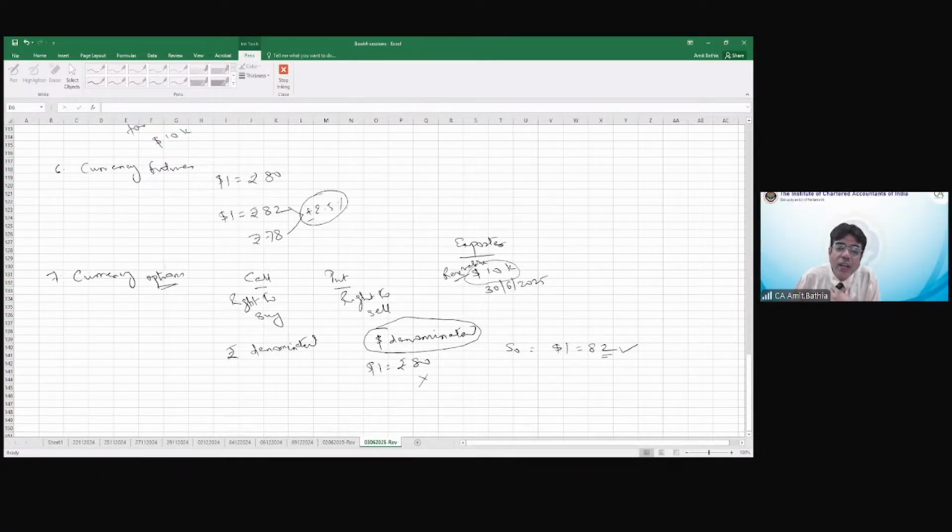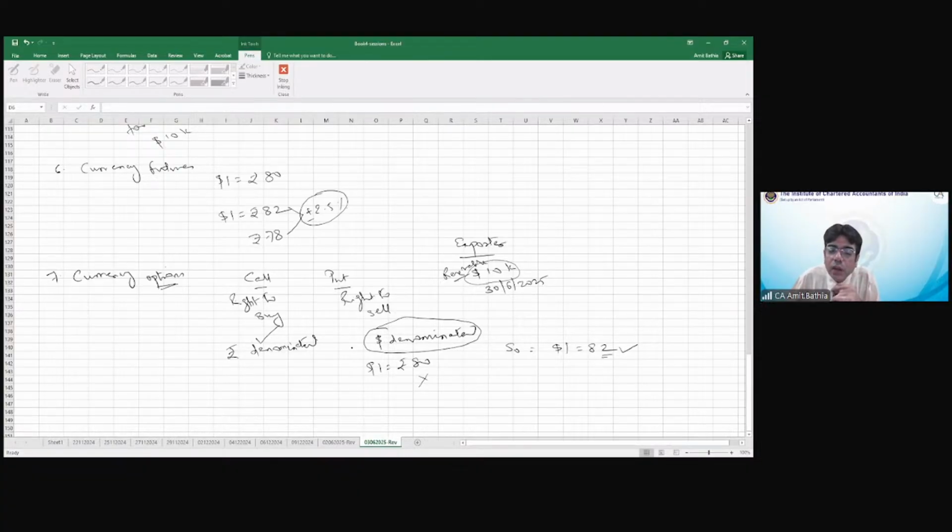Now, since my contract is dollar denominated, I can definitely exercise a put option. But what if the contracts in my country are not dollar denominated, but rather rupee denominated? Then in that case, I will exercise the right to buy, which is a call option. Are you with me? Because I want to buy rupee, sell dollars.